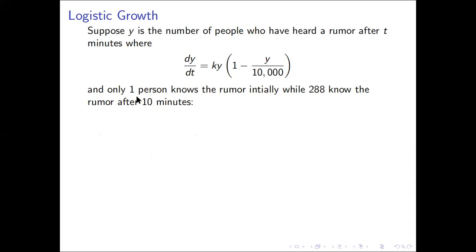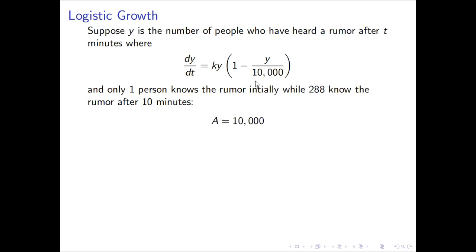And only one person knows the rumor initially, while 288 know the rumor after 10 minutes. Let's solve the differential equation, and y in terms of t. That will give the number of people who have heard the rumor after t minutes.